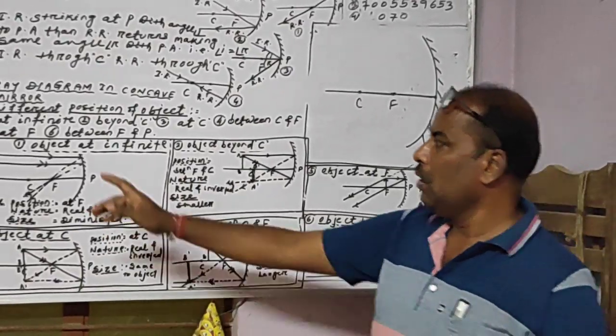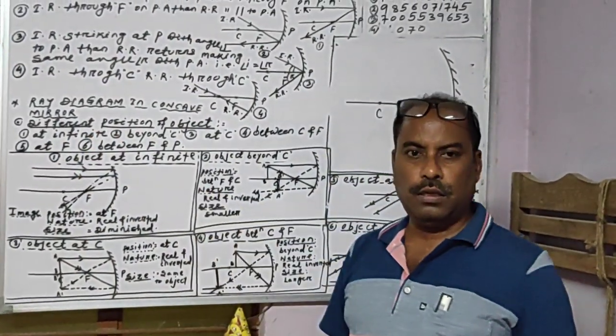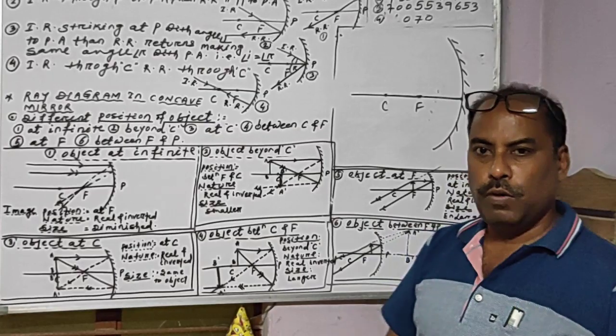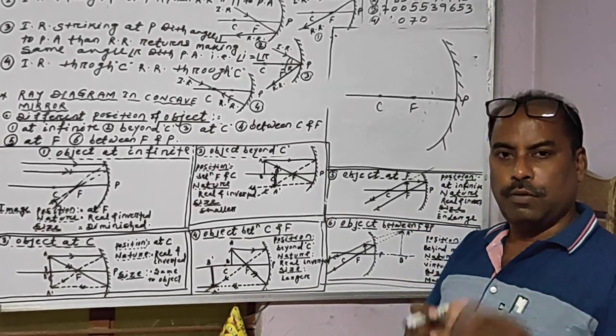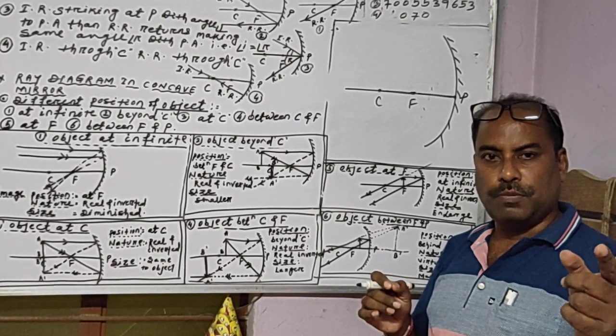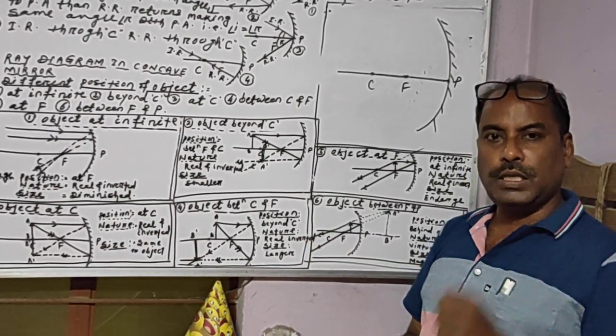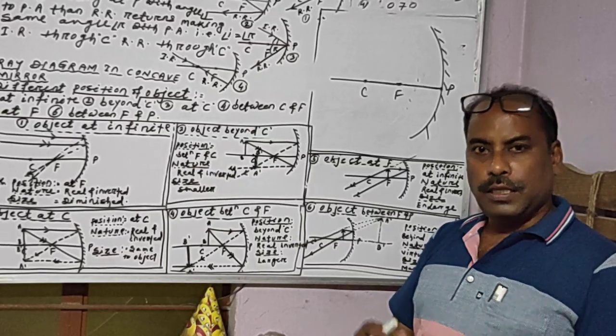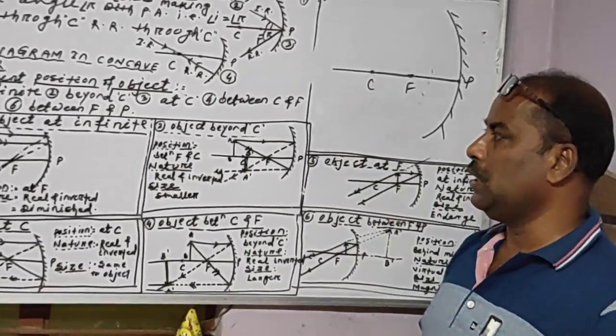So what are the positions? One is at infinity, far away, when the object is very far from the mirror and we cannot measure its distance, then we say the object is at infinity. In that case, we have to see how the image is formed.